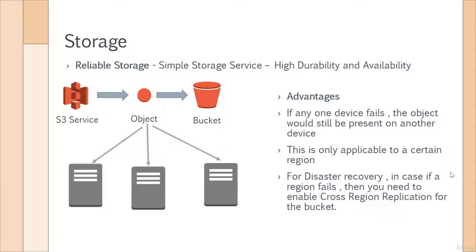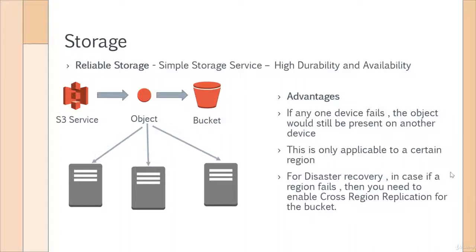If you have a disaster recovery scenario in which you have really critical data, and the question says it needs to be available all the time, even if the region goes down, then the Simple Storage Service also has a facility known as cross-region replication for a particular bucket. When you copy an object to a bucket in one region, it can automatically be replicated or copied onto a bucket in another destination region.